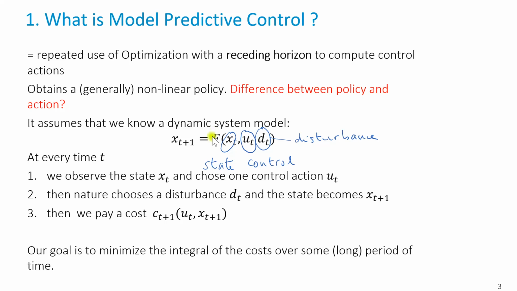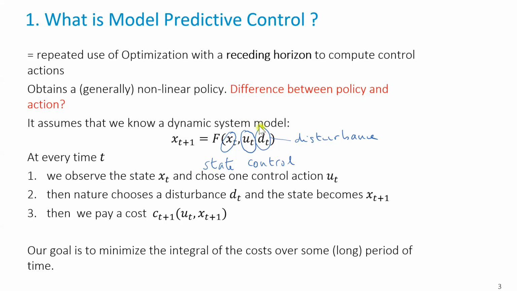So we know the mapping that gives us the time evolution of the system if we would be able to observe everything without error, which of course we will not be able to do. But if we could, in particular if we can forecast the disturbance with 100% certainty, we would have a forecast equation for the state at the next time slot, if we choose, for example, the control action u.